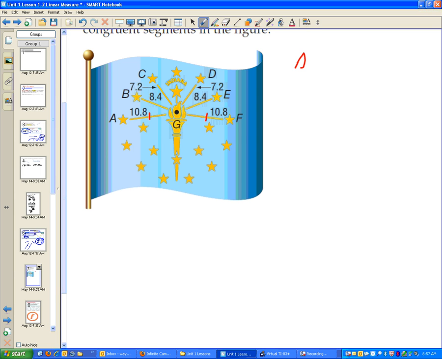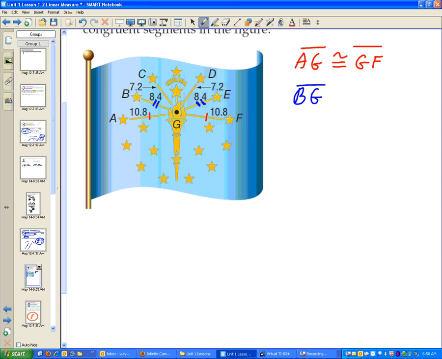So segment AG, use the segment symbol, is congruent to, make your congruent sign, segment GF. All right, then I see another pair of congruent segments. I see that the length of BG is 8.4 and the length of GE is 8.4. So that's my second set of congruent segments.